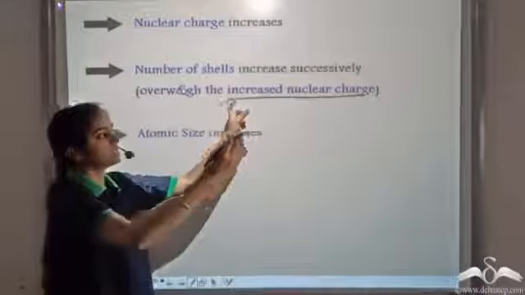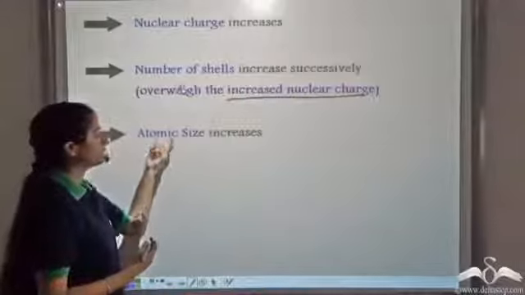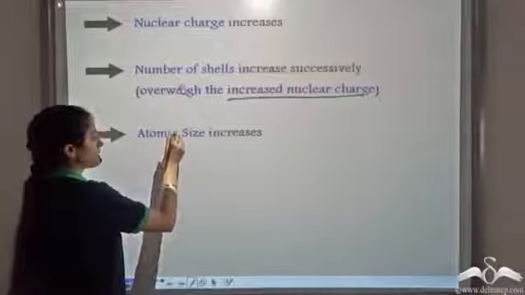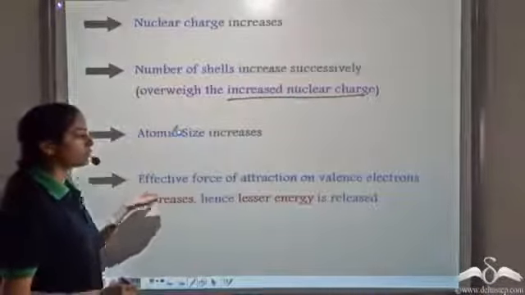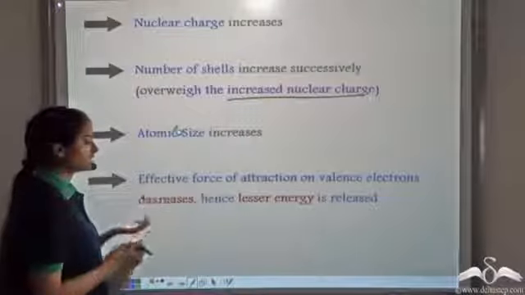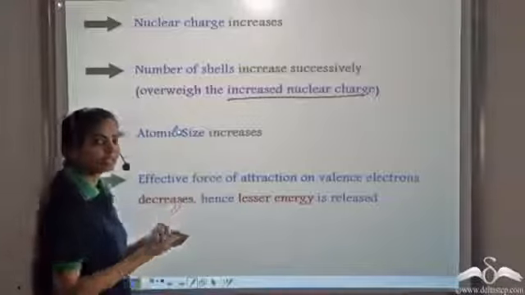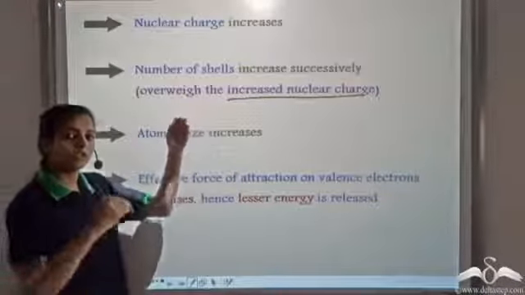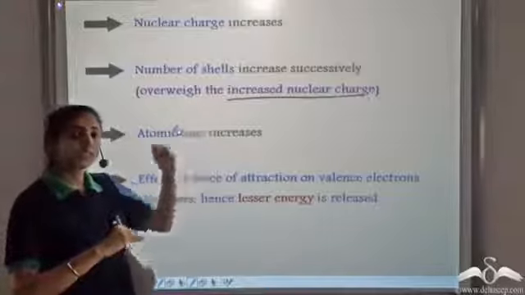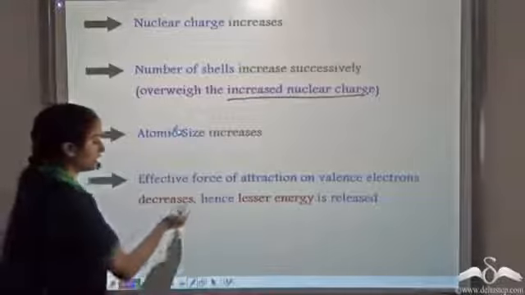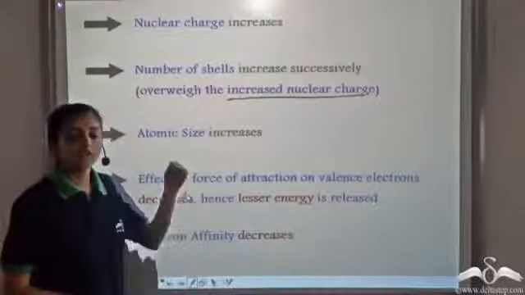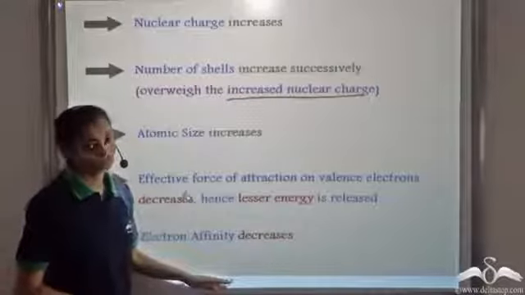They overweigh the increased nuclear charge, so in effect, the atomic size increases. This leads to the effective force of attraction on the valence shell being decreased, hence lesser energy is released when an electron is added. As the distance between the outermost shell and nucleus increases, there is lesser affinity of electrons towards the nucleus. Therefore, the electron affinity on moving from top to bottom in a group decreases.